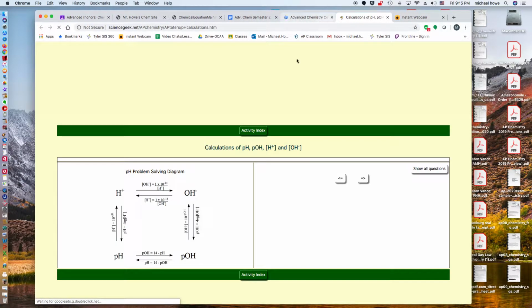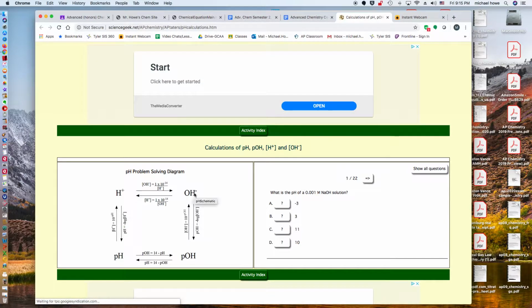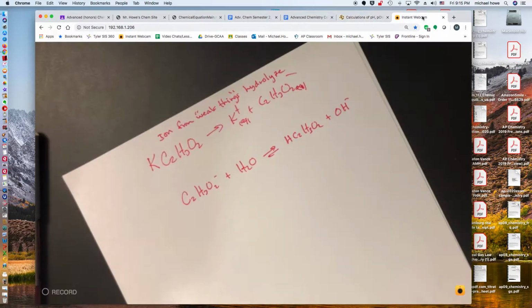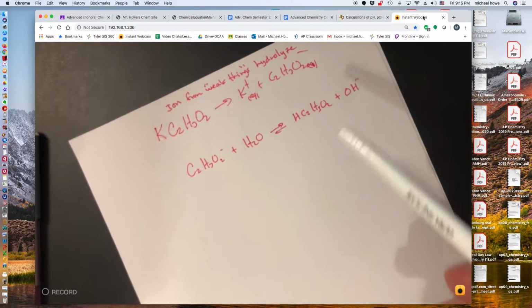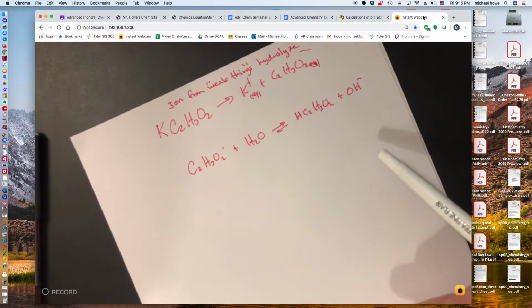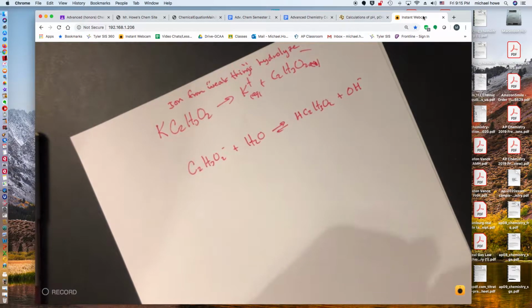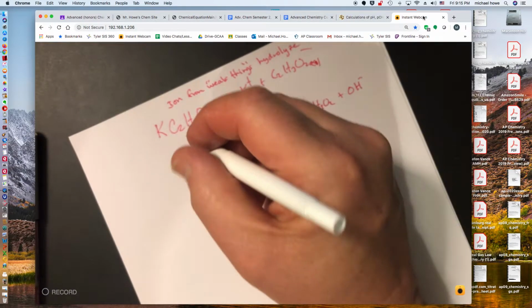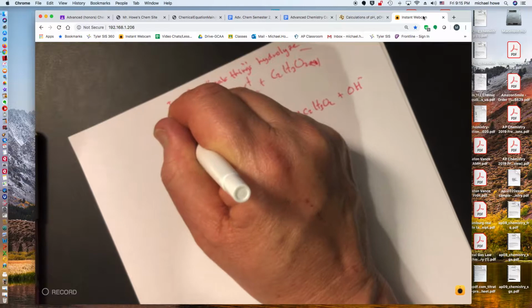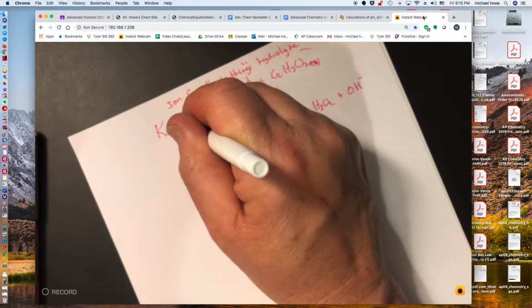You know that if you are on the pH grid with OH, then you could find pOH and then pH. So what we're going to try and figure out how to do is find the OH, and then we'll be able to find the pOH, and then we'll be able to find the pH.